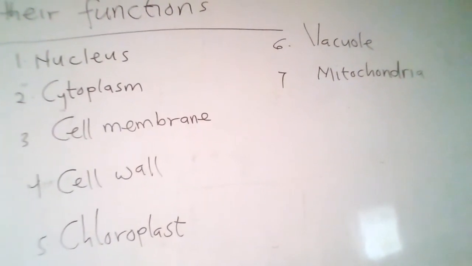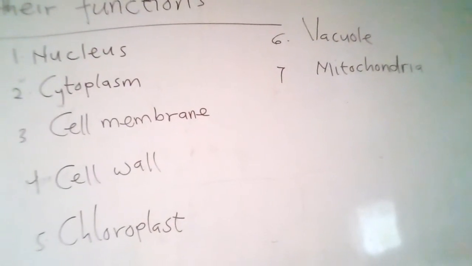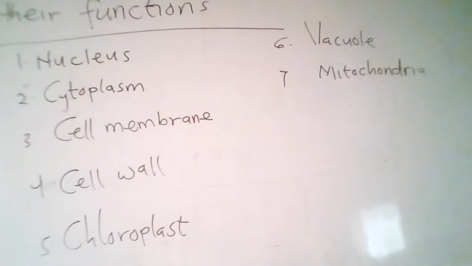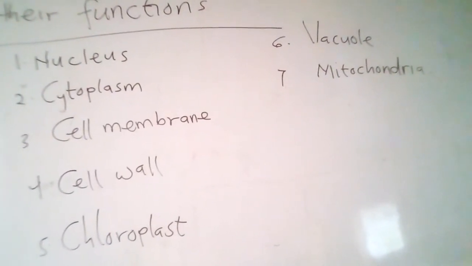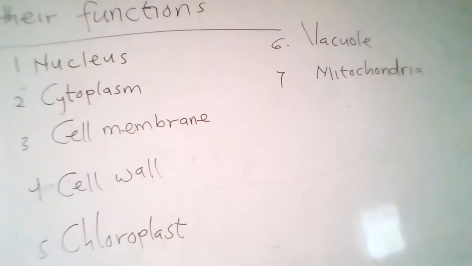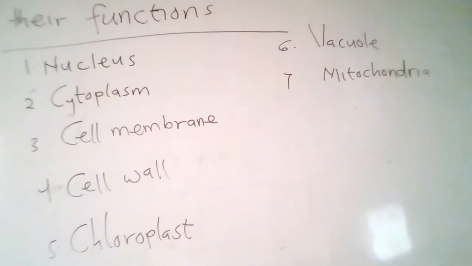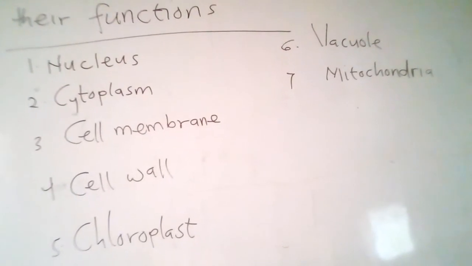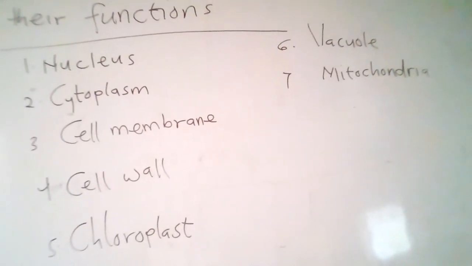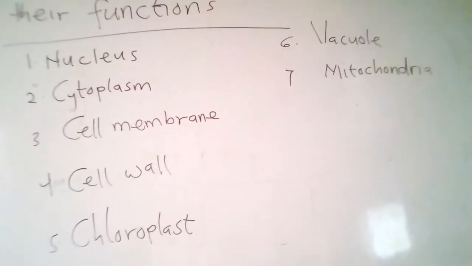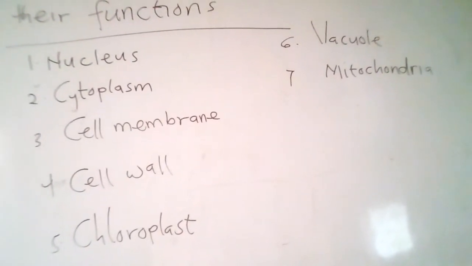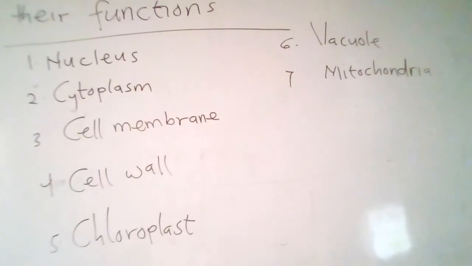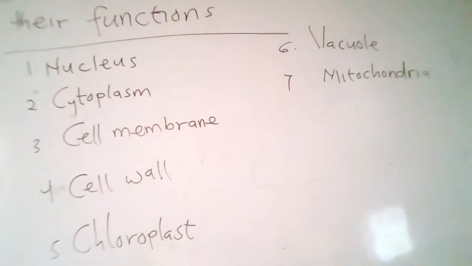It controls the movement of dissolved substances in and out of the cell, so it is said to be semi-permeable. All substances that the cell needs, such as water and other nutrients, enter through the cell membrane, and waste products of the cell come out through it. The cell membrane prevents harmful substances from entering the cell and keeps useful substances inside the cell.